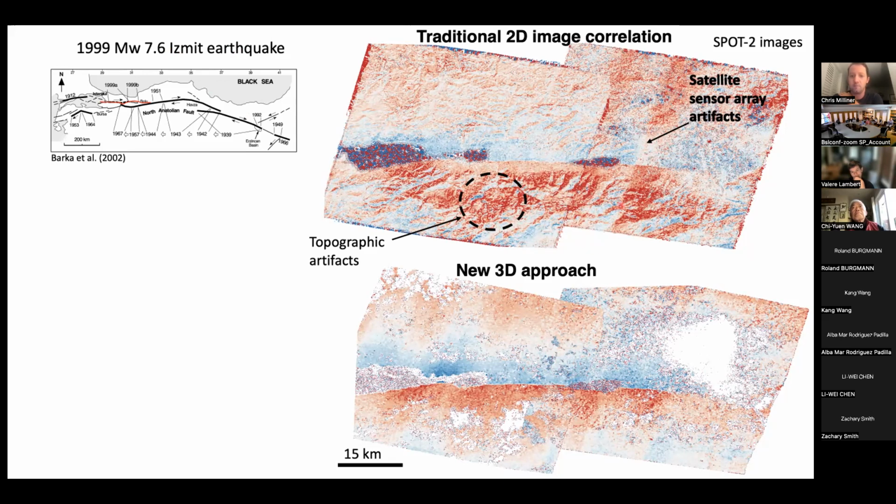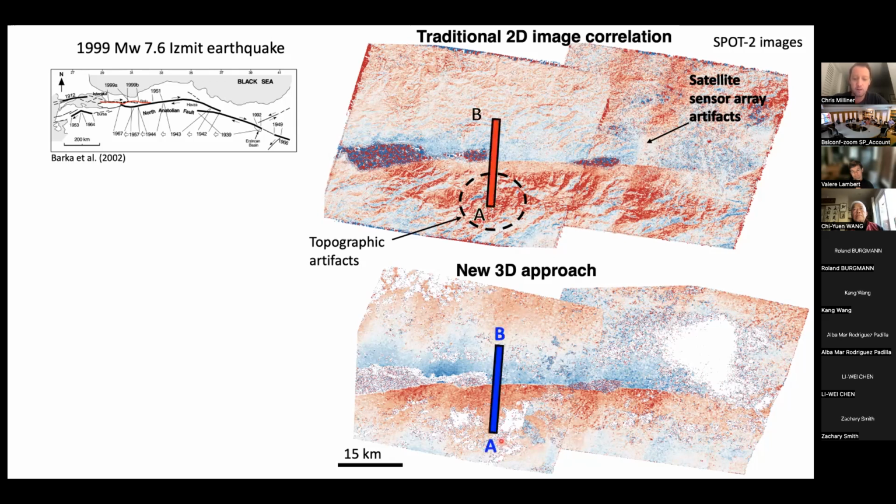You see these stripes, which are artifacts of the CCD arrays in the image. With this new technique, we can remove these effectively because we're improving the rigorous sensor model calculation estimate, and we're also able to remove the sensor array artifacts through this ICA filtering.